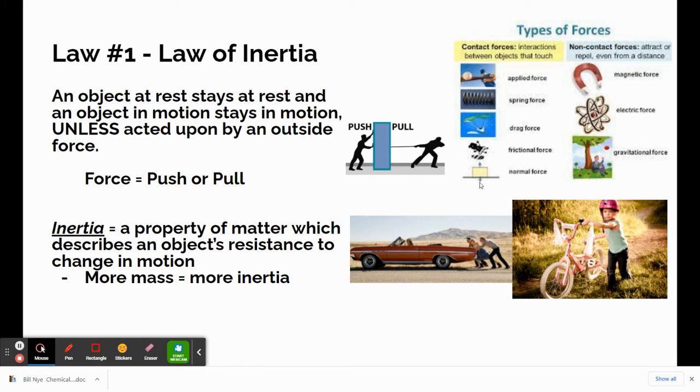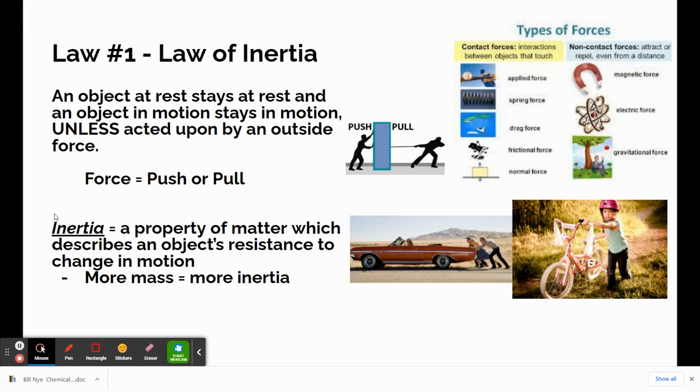The normal force is the force perpendicular to an object. Okay, so the force perpendicular to the floor and the object. All right, and then there are non-contact forces like magnetic force, electrical force, and gravitational force. You don't need to be touching to experience these forces. The two objects don't need to be touching.